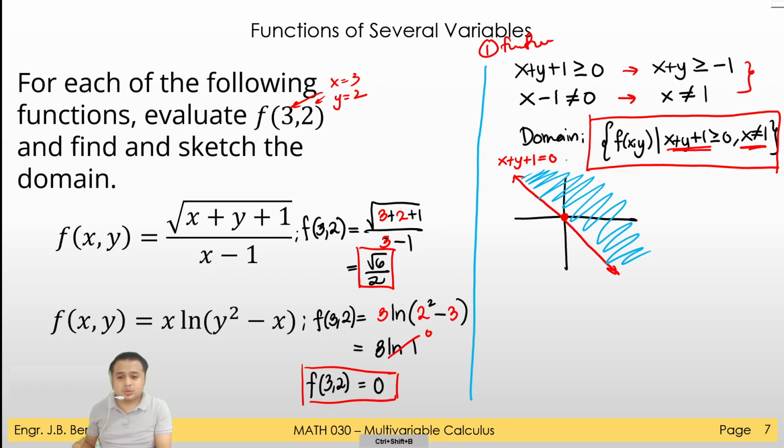Knowing that this will be your domain, anywhere in this plane of the x and y axes above this line will be a valid domain for our function. And then we have another extra condition. When x is equal to 1, it will not be possible, so we have to exclude x equal to 1.